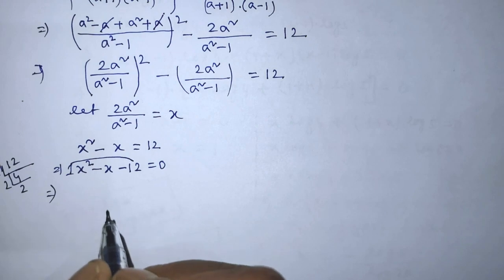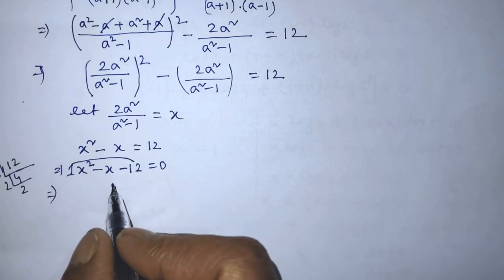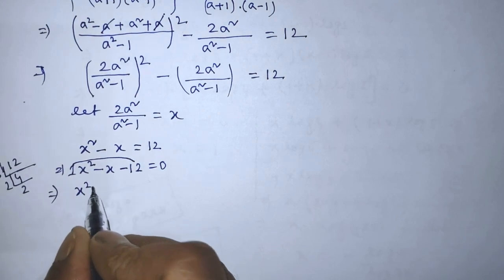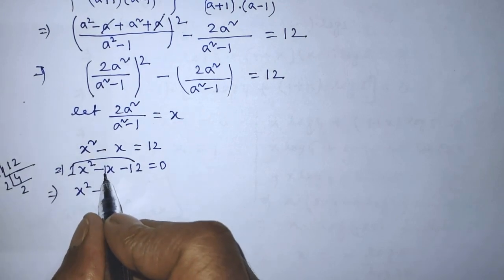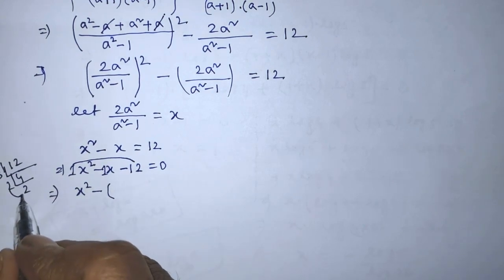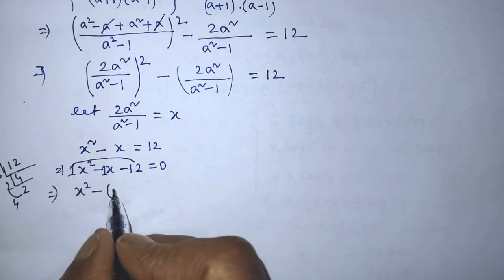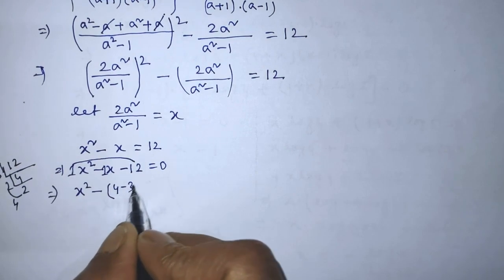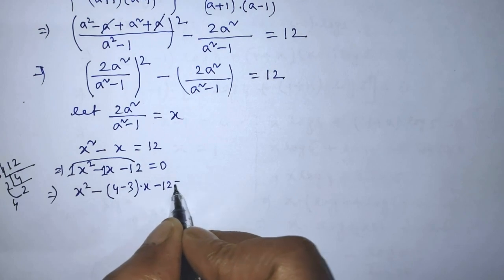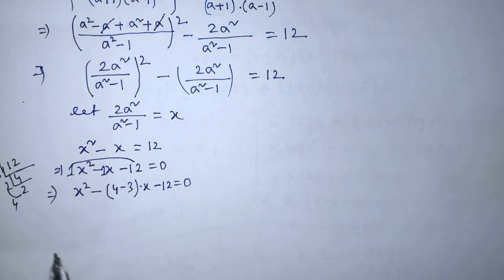After that, according to factorization, we can write x square minus, in the place of 1 we can write 4 minus 3, times x minus 12 is equal to 0.